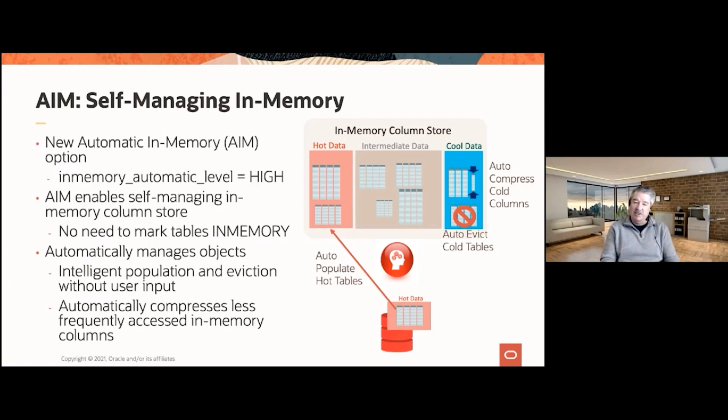Typically, folks just do it at the table level. And AIM will actually look at that as well. If you have columns that are never accessed, and we're going to talk a little about that in another feature for 21c, it'll compress at the column level too. So this is pretty sophisticated stuff.